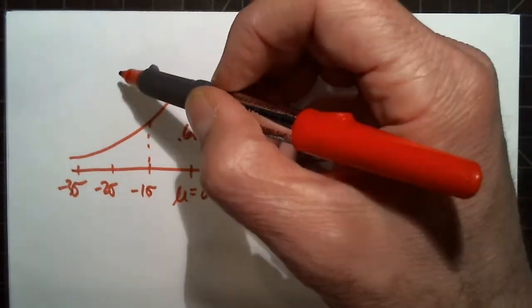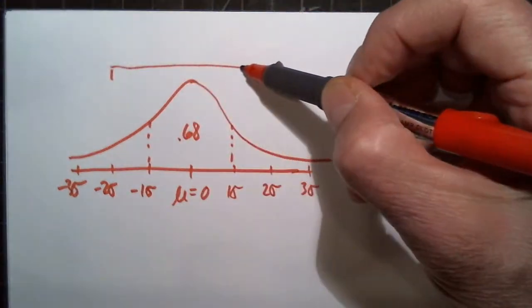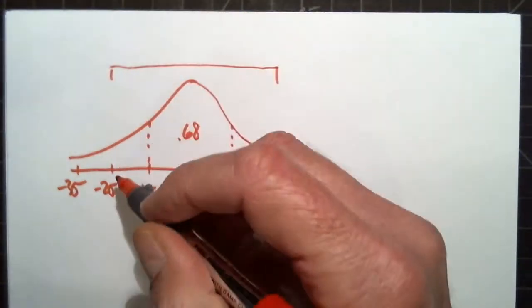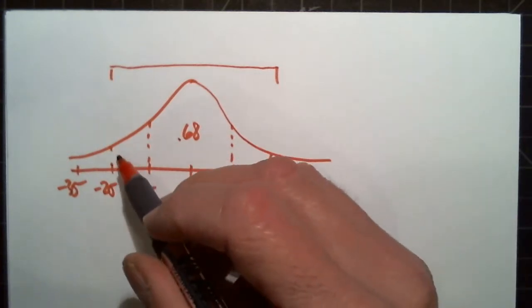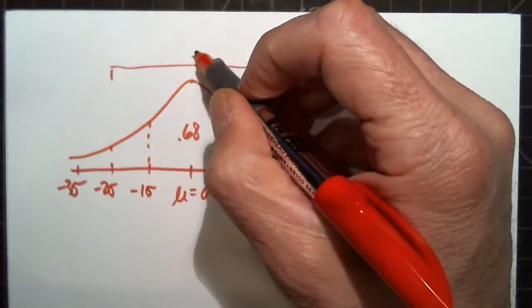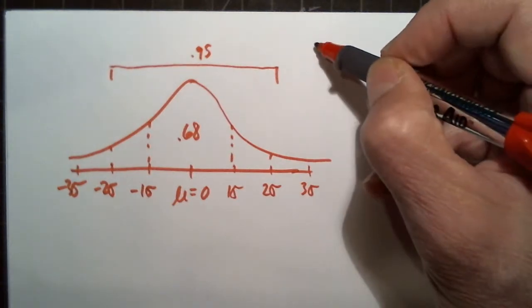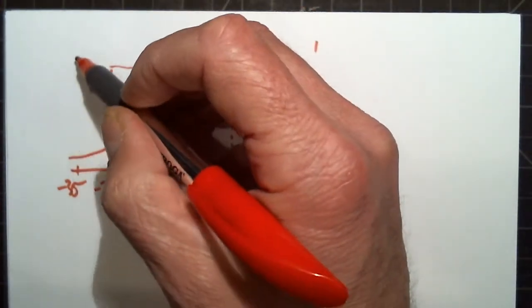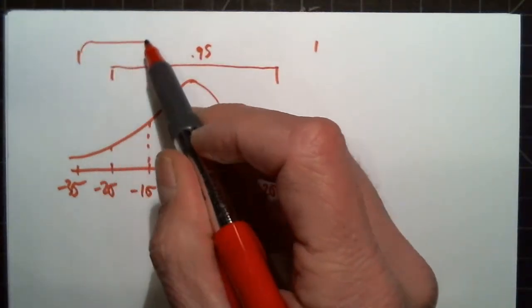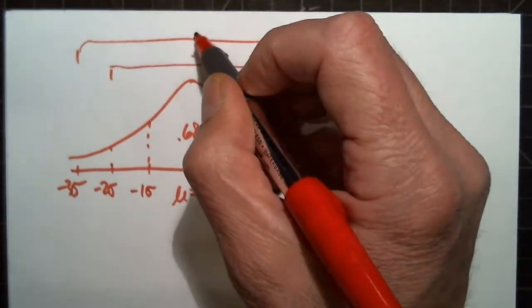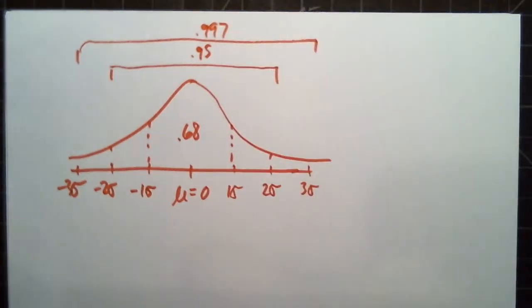And then if we went 2 standard deviations away, all of this area is 0.95. And if we go 3 standard deviations away, that's going to be 0.997.